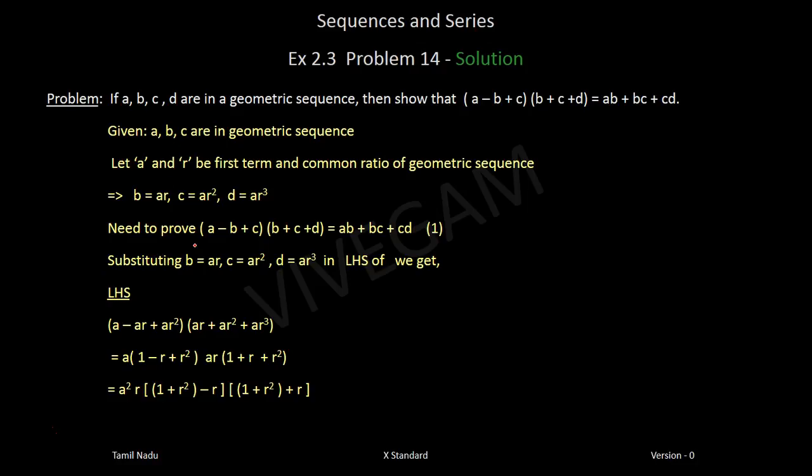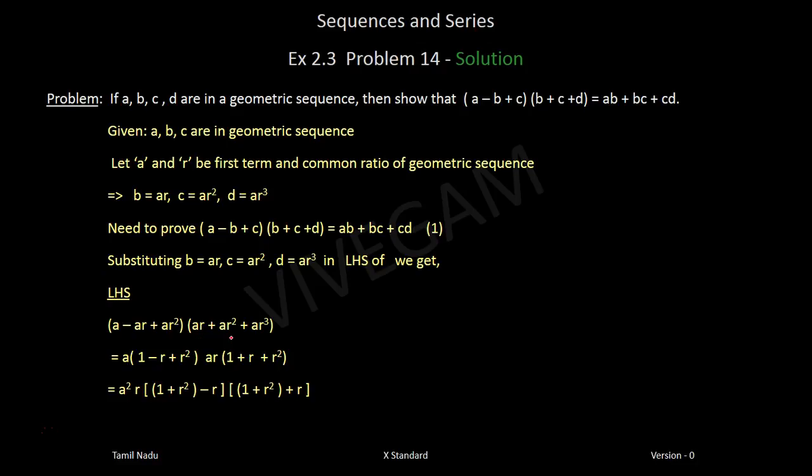Now we need to prove this, right? So substituting B equal to AR, C equal to AR square, and D equal to AR cube in the left hand side, we get: you take A commonly out, so it becomes A into (1 minus R plus R square).